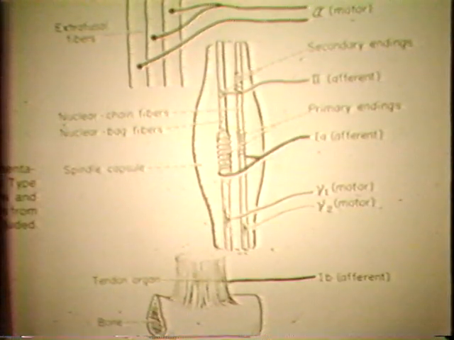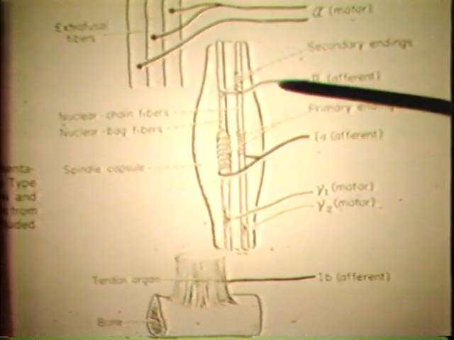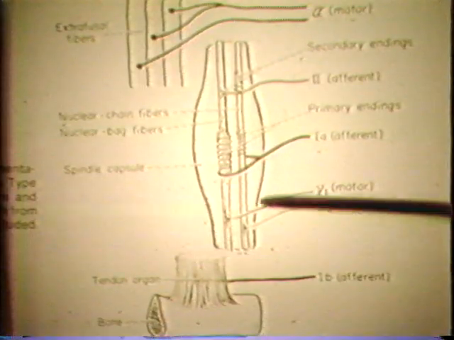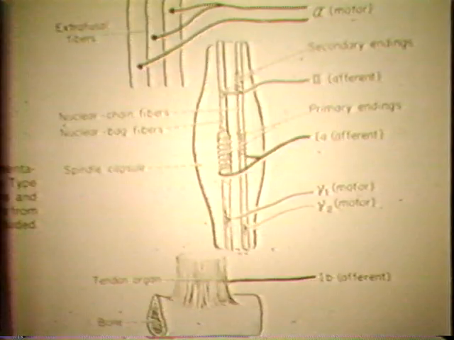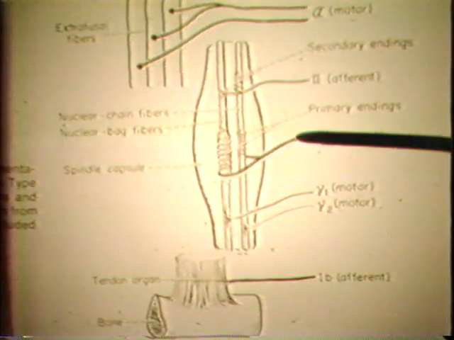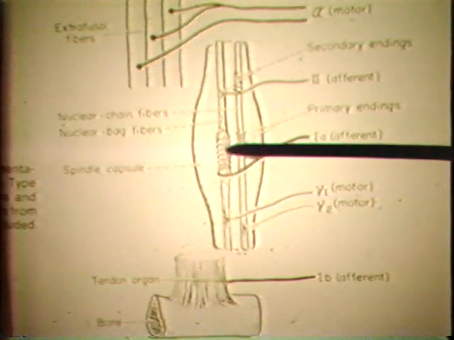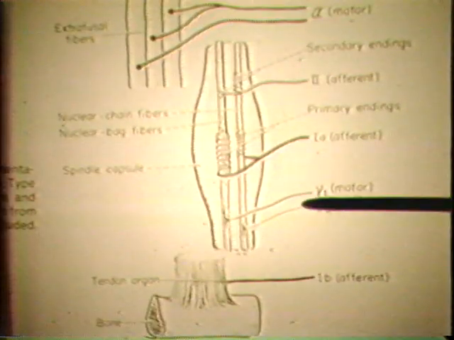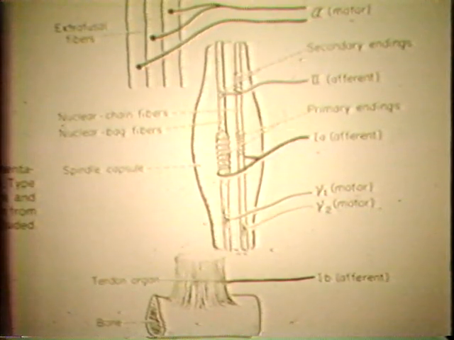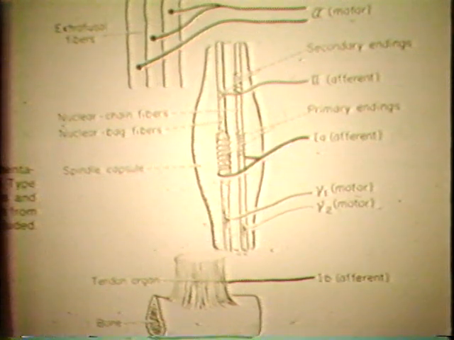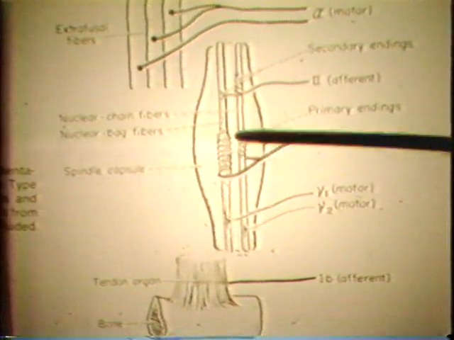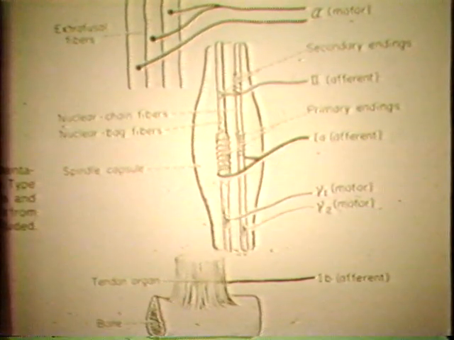Next to the eye and the ear, this muscle spindle, or nerve receptor, is the most sensitive nerve receptor in the body. It has both a sensory as well as a motor input to it. This is one of the few receptors in the human body that has a dual sensory and dual motor innervation.